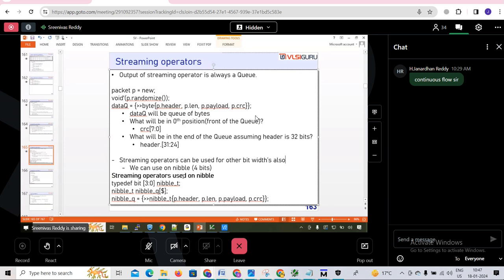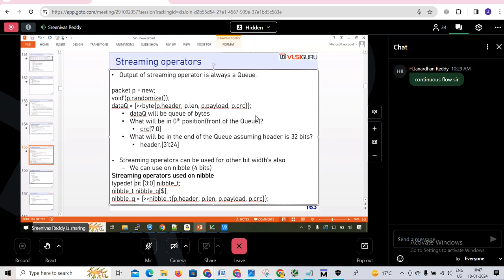If I want to declare an 8-bit signed variable, does SystemVerilog provide such a data type? Yes. Byte is an 8-bit signed data type. I want a 32-bit signed data type. What can I use? Int, either int or integer. But do I have a 4-bit data type? No. That is where I can declare my own data type.